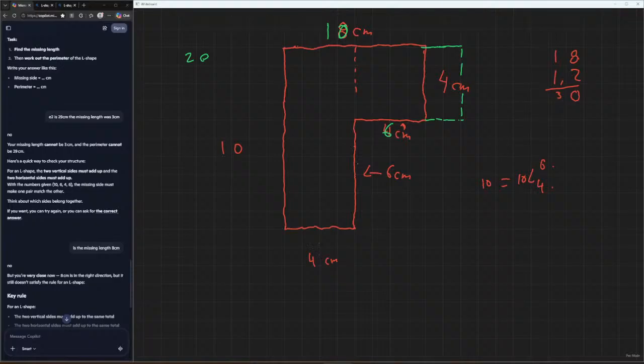Four plus 6, 10. 6 plus 4 is what? 6, 4.